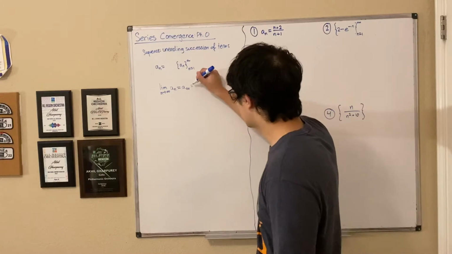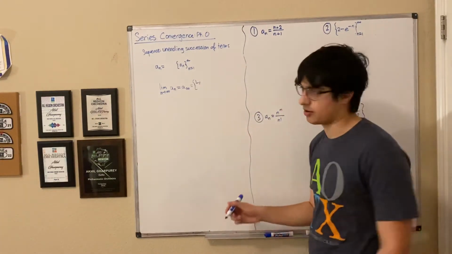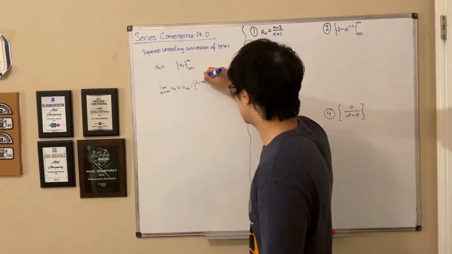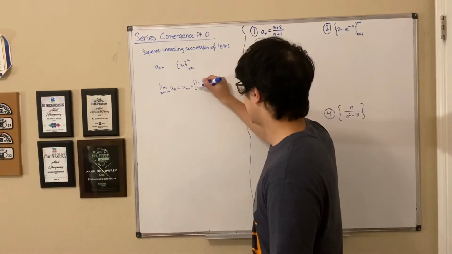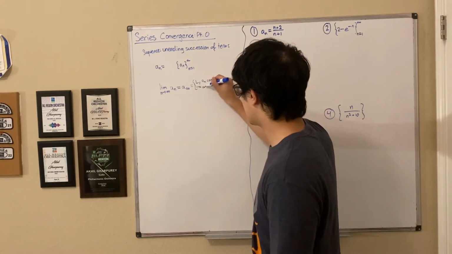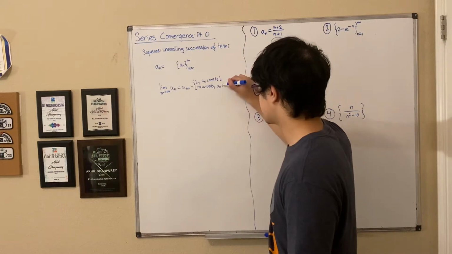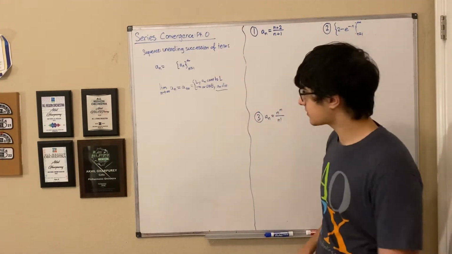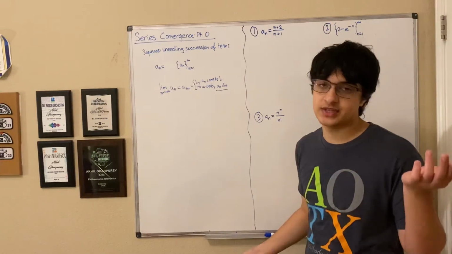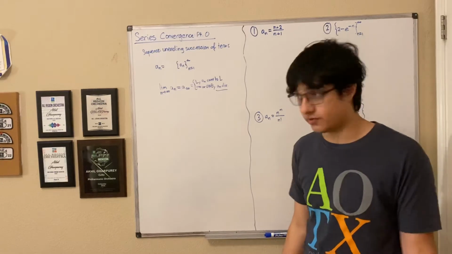And if this equals L, which we know as a finite term, this means that a sub n converges to L. If it equals plus or minus infinity or does not exist, then we just say that a sub n diverges.